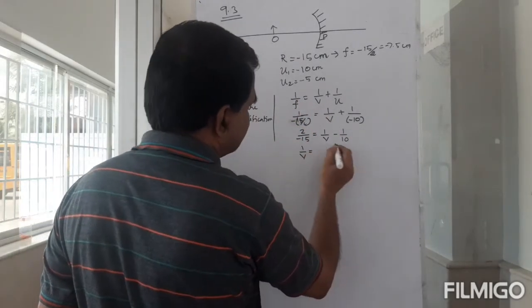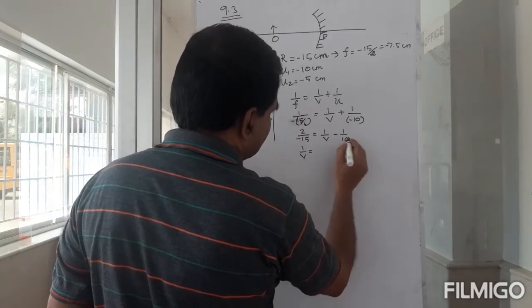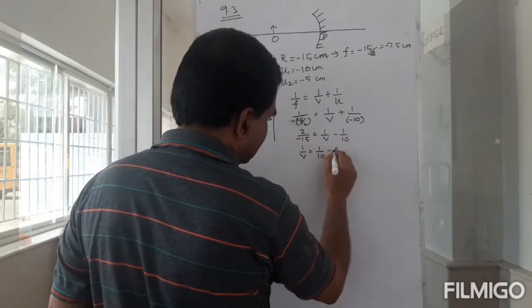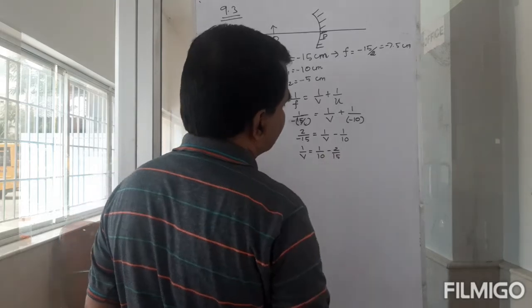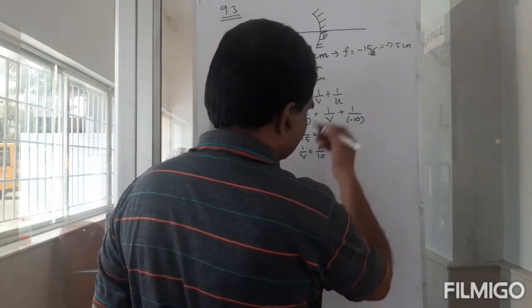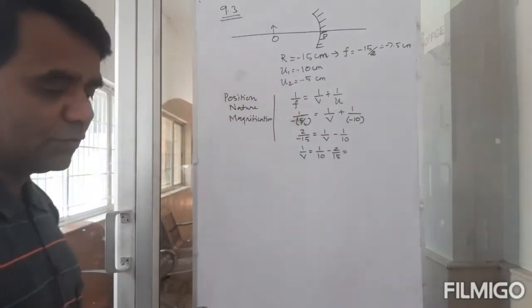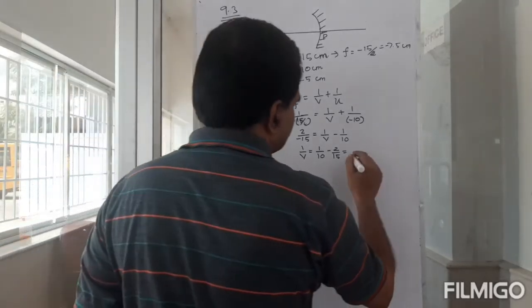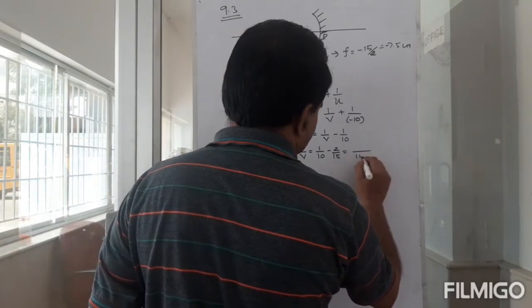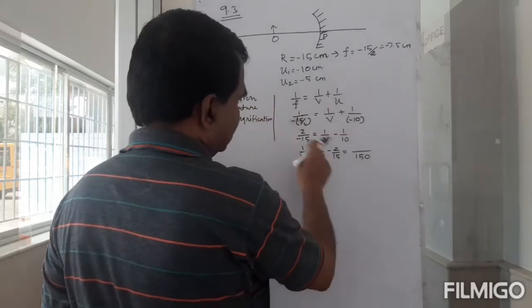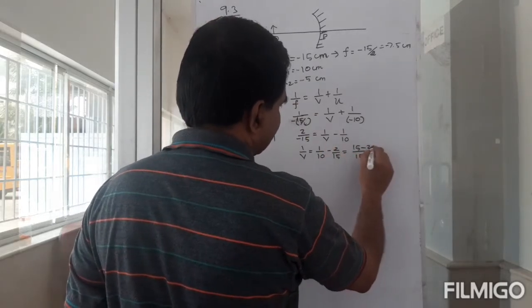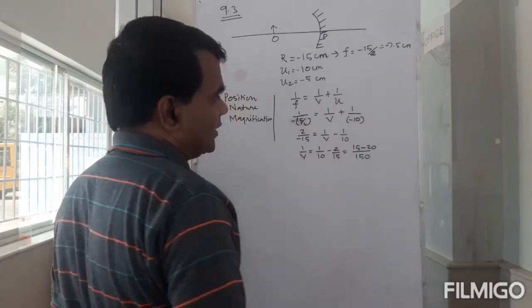So what is 1 by v? If I bring it here, 1 by v is going to be 1 by 10 positive minus 2 by 15. What would be my LCM? Let's say 150. It's going to be 15 minus 20, so 2 into 10 minus 20.